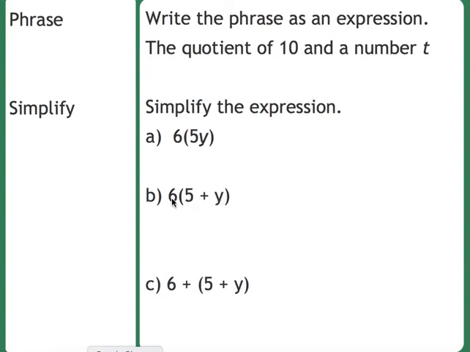And then 6 people have $5 and a yogurt. How do you write that in a simplified way? And then finally, someone has $6 and they also have $5 and a yogurt. So $6 and $5 and a yogurt. Go ahead and simplify that one. So those can be a little tricky, but give them a try.